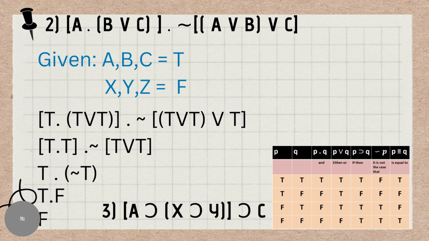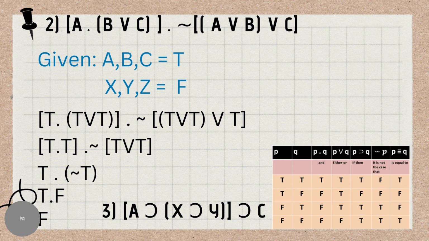Outside of the bracket we have T dot T, and on this side we have T disjunction T. So what is the value? T dot T is T conjunction. T disjunction T is T. So the negation of T we will be getting F. So T conjunction F is F.